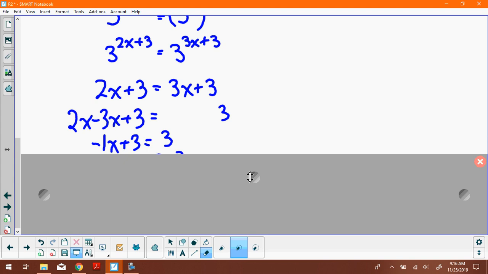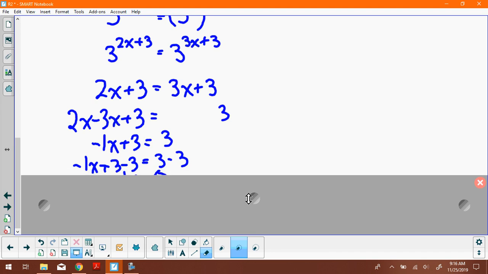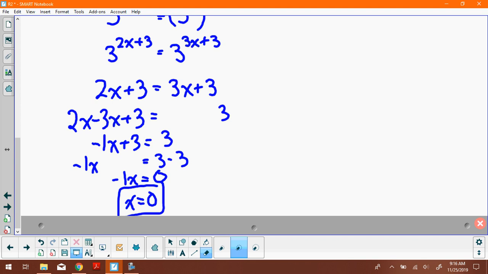Now I need to get the 3's together. So when I bring the 3 across, I have 3 take away 3. So I have negative 1x is equal to 0. If I divide both sides by negative 1, I still have 0. So that means x is equal to 0.